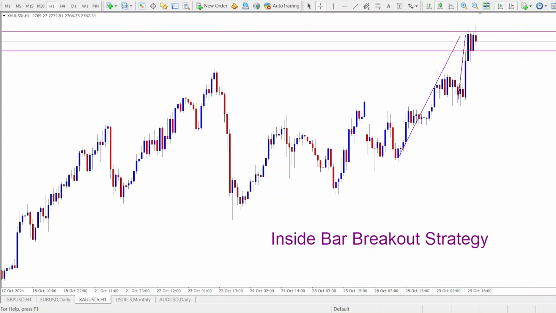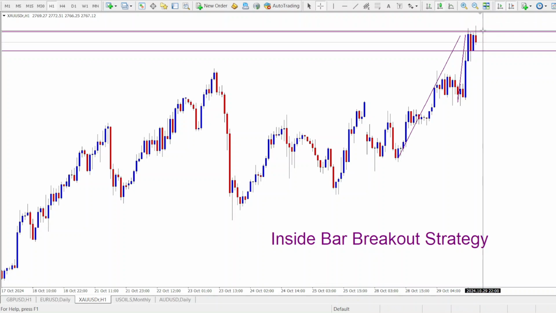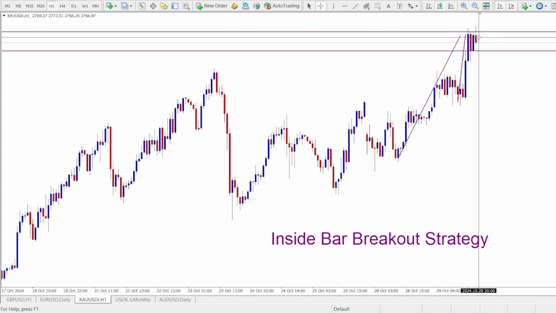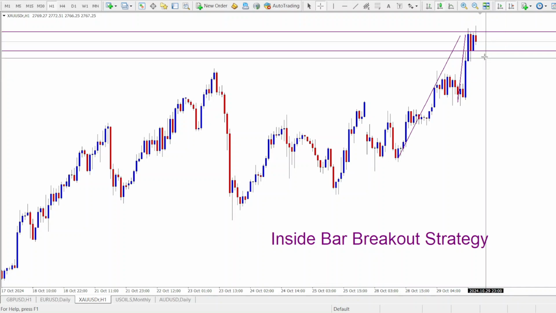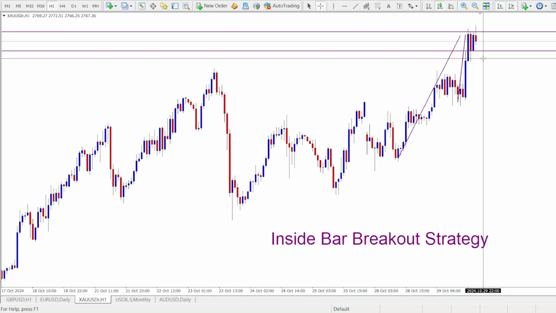Talking about risk management, always set your stop loss just outside the inside bar's high. If it was a bullish breakout, had this bullish move been valid and the breakout not false, we would have considered setting the stop loss just below the inside bar's high, or below the low if you want a wider stop loss, depending on your entry and your risk appetite.